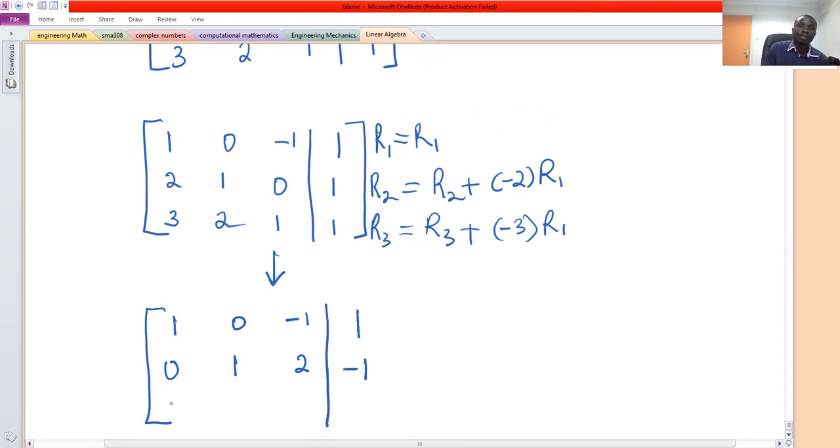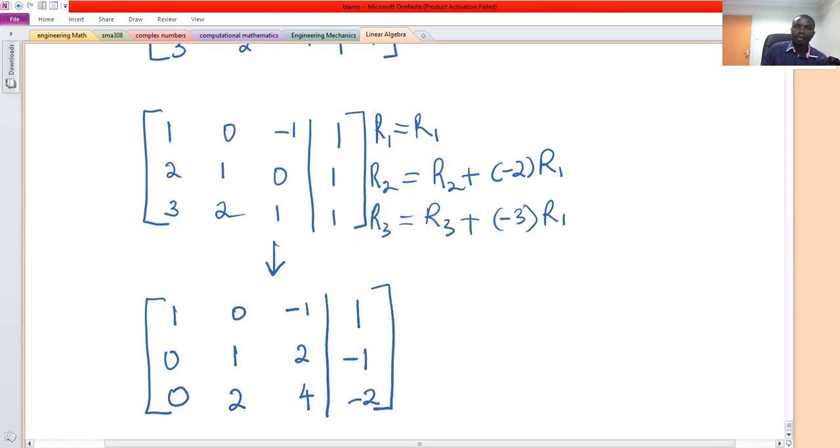And then this will be 0. 2 plus -3 times 0 is 2. 1 plus -3 times -1 is 4. 1 plus -3 times 1 is -2. Now this one is okay, this one is okay.